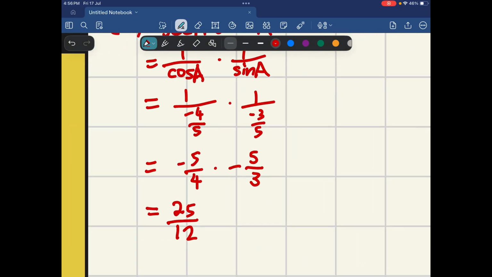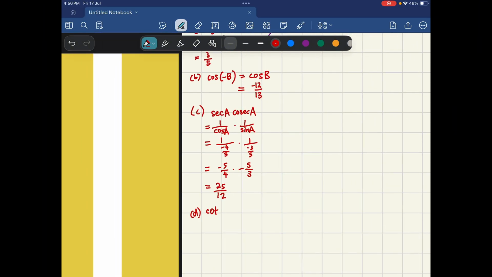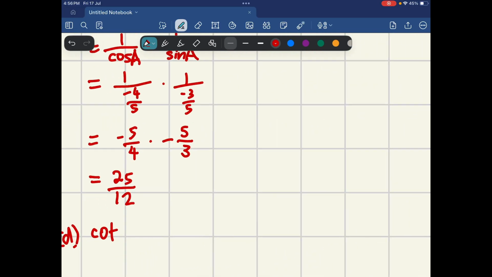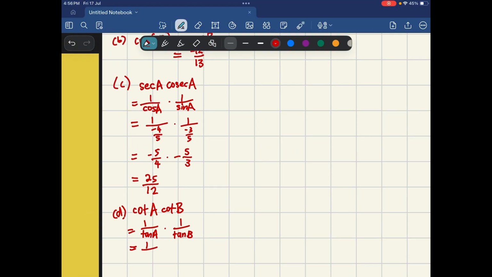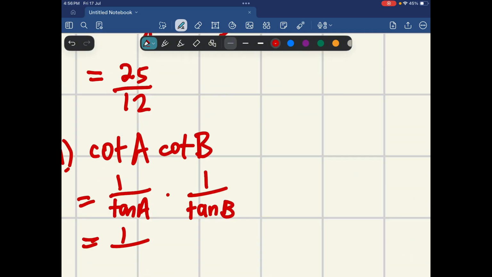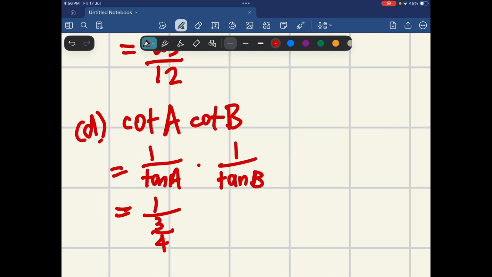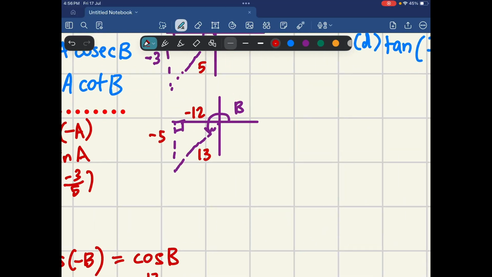And lastly, D. D is cotangent A, cotangent B. So this will be 1 over tangent A multiplied by 1 over tangent B. So tangent A is given in the question, actually, it is 3 over 4. Tangent B, we can find out, opposite over adjacent.